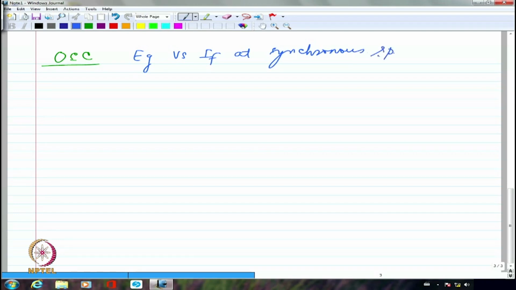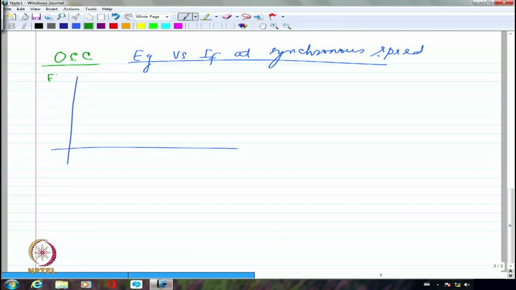If I am running my prime mover at synchronous speed and looking at the generated voltage versus field current, that gives me the OCC. So let us say I have the OCC somewhat like this. This is going to be my EG and this is IF, and the OCC is probably going like this.